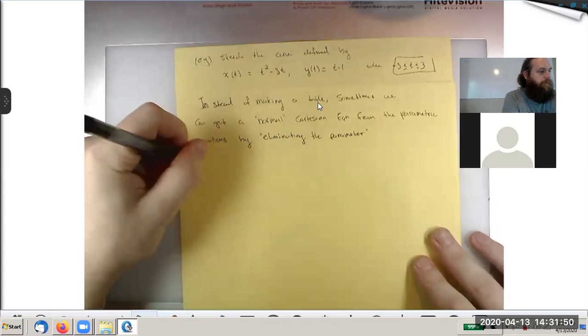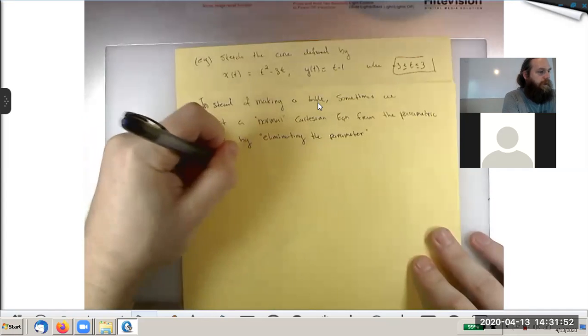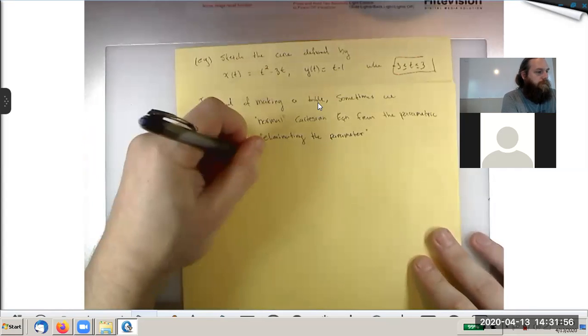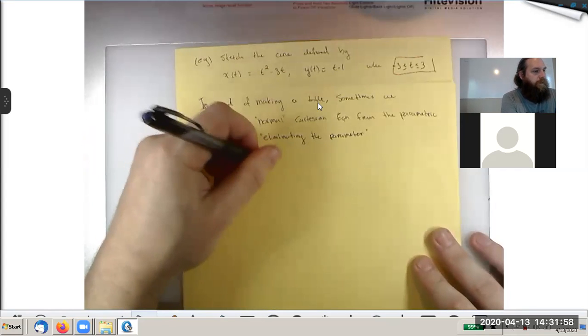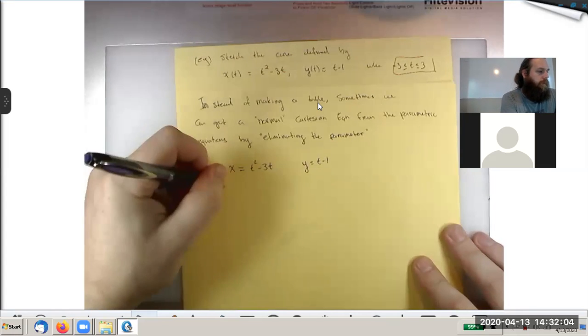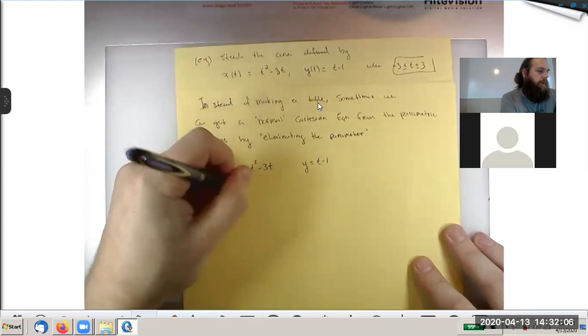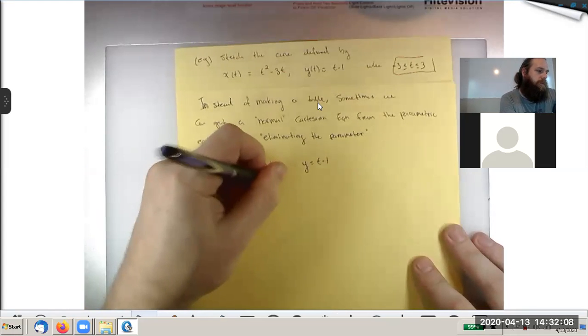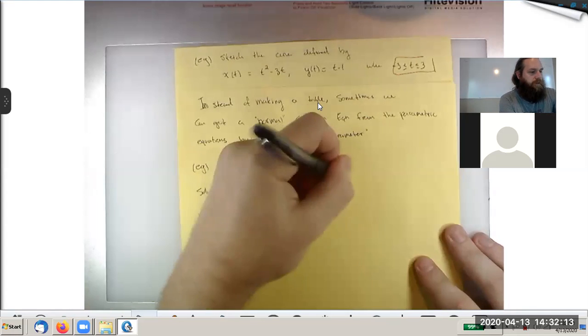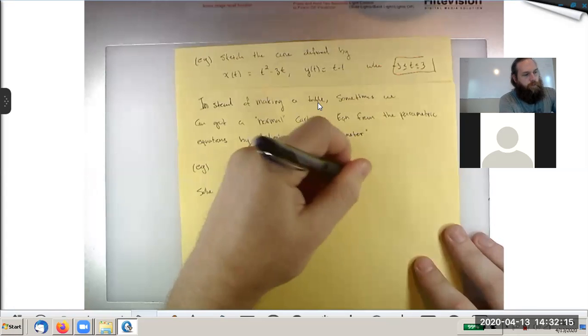So for example, what we just looked at, I'm going to write it without the of t notation. I had x equals t squared minus 3t and y equals t minus 1. If I solve y equals t minus 1 for t, I just add 1 to both sides. y plus 1 equals t.